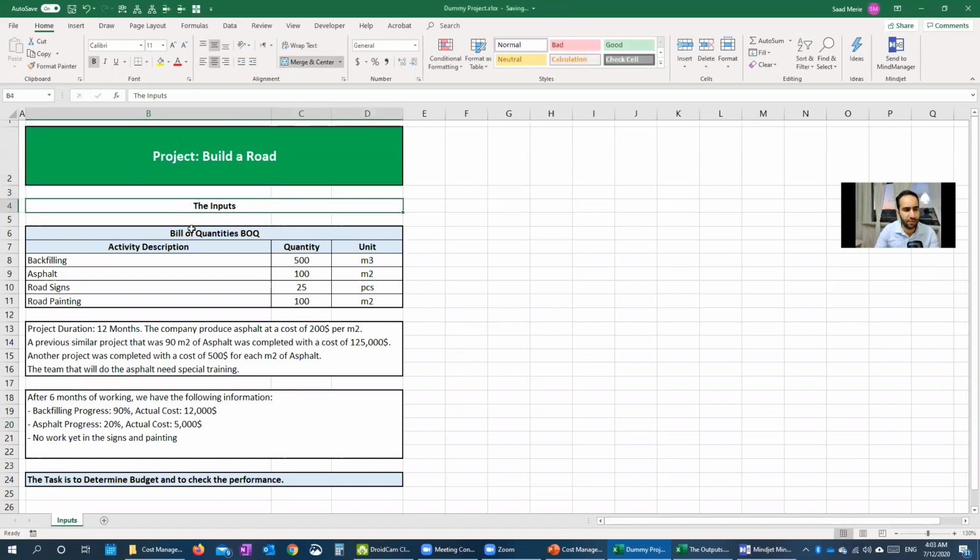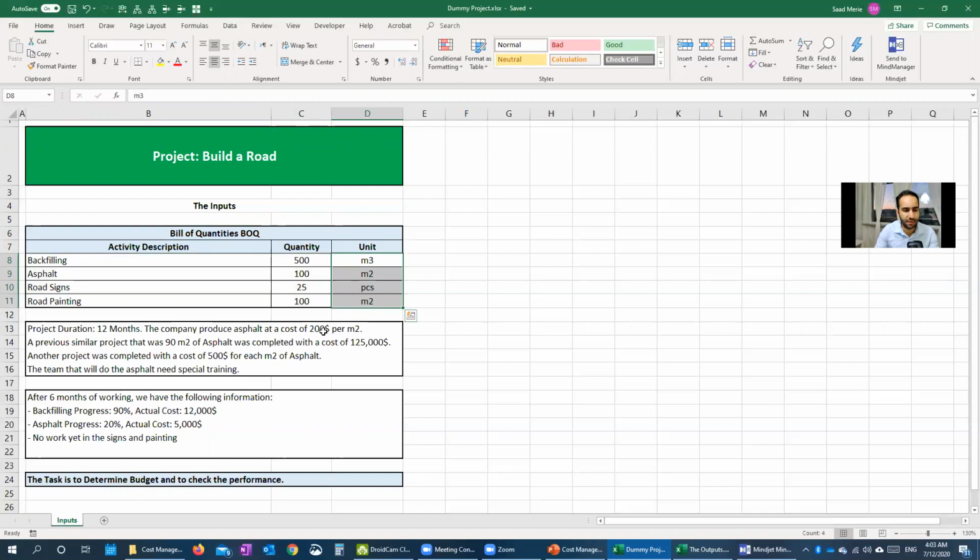We have some inputs, and the inputs that we have are a bill of quantities. In this project we have 4 activities. In each activity, we have quantities, and we have their units only.